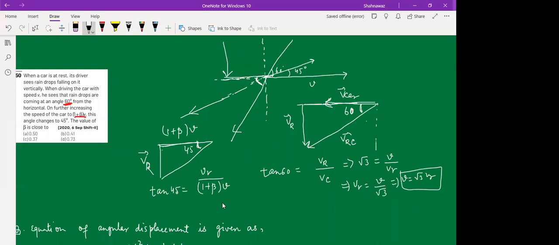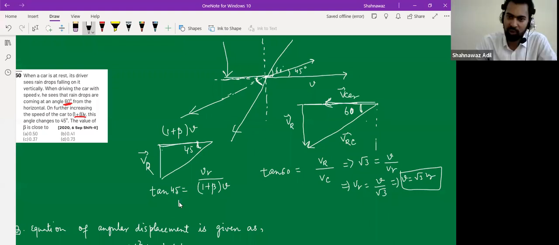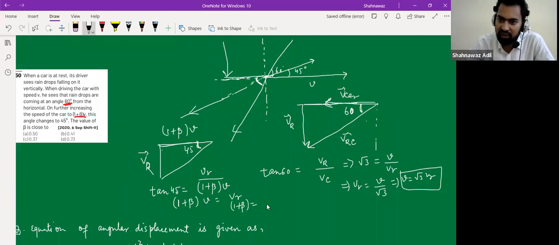Yes, sir. So this will be 1. So 1 plus beta V will be VR. Right. And we know that V is √3 VR.